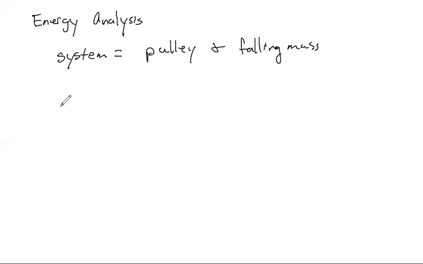All right. And then I apply the work energy theorem to this. So I would say the work equals the change in kinetic energy plus the change in potential energy.